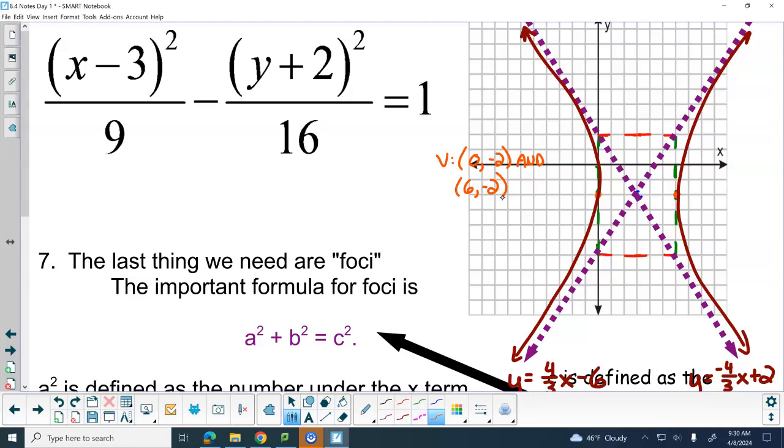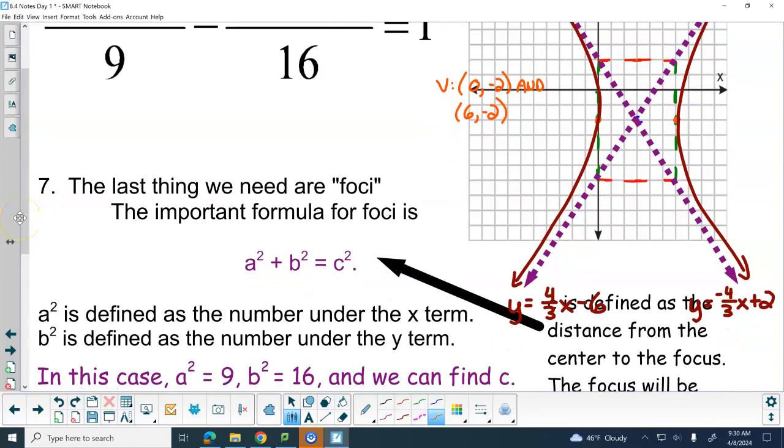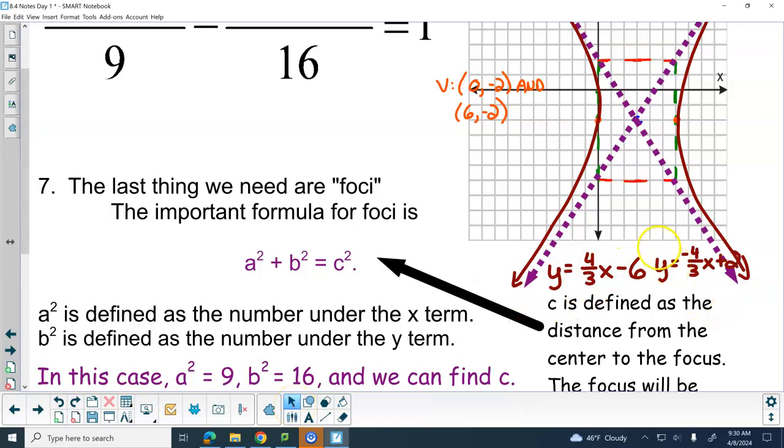Okay. So a squared is the number underneath the x term. B squared is the number underneath the y term. And c then is going to be the distance from the center to the focus.